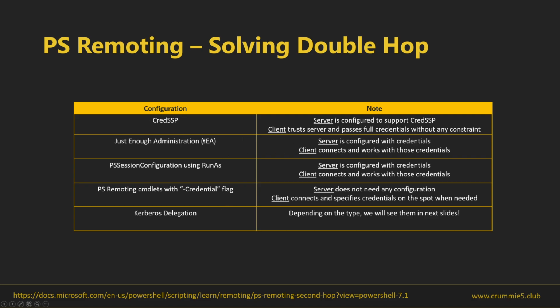But we have other alternatives where we can, for example, configure credentials hard-coded in the server. Okay, for example, a PS session configuration using RunAs, we need to configure the server with those credentials. And then when the client connects, the client will use those credentials for network-related things. Okay.